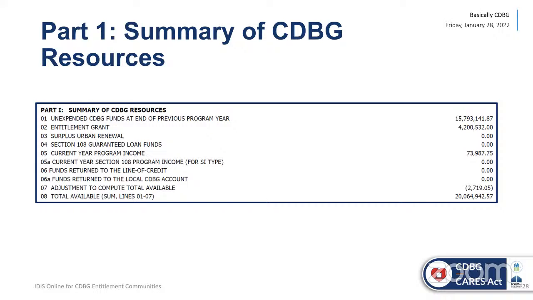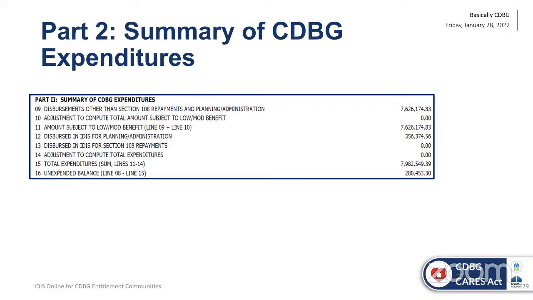Line 1, the unexpended funds from the prior program year, should be the dollar figure you draw from your prior year PR26 report. So when you run the PR26 report, you want to pull out your PR26 report from the prior year. Next slide, please.